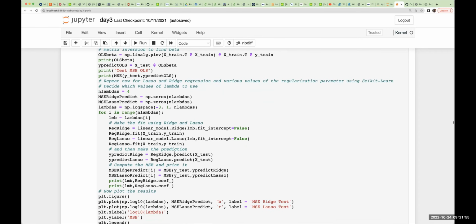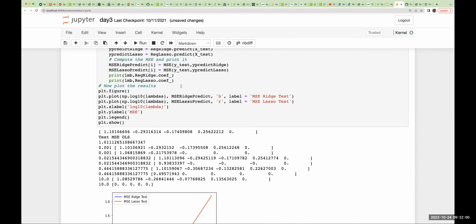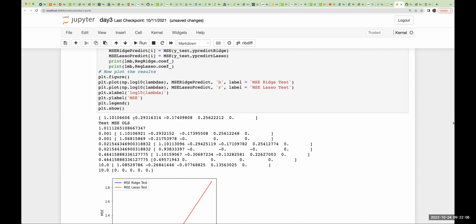If we now run this calculation and look at the results, the mean squared error I get for this specific function with ordinary least squares is actually not a very impressive result. It's 1.01, so it's not a very good mean squared error.